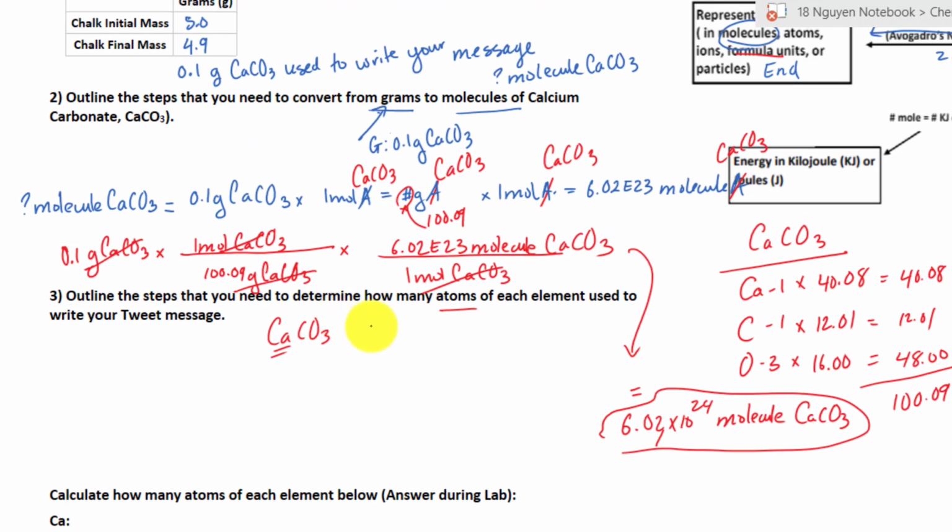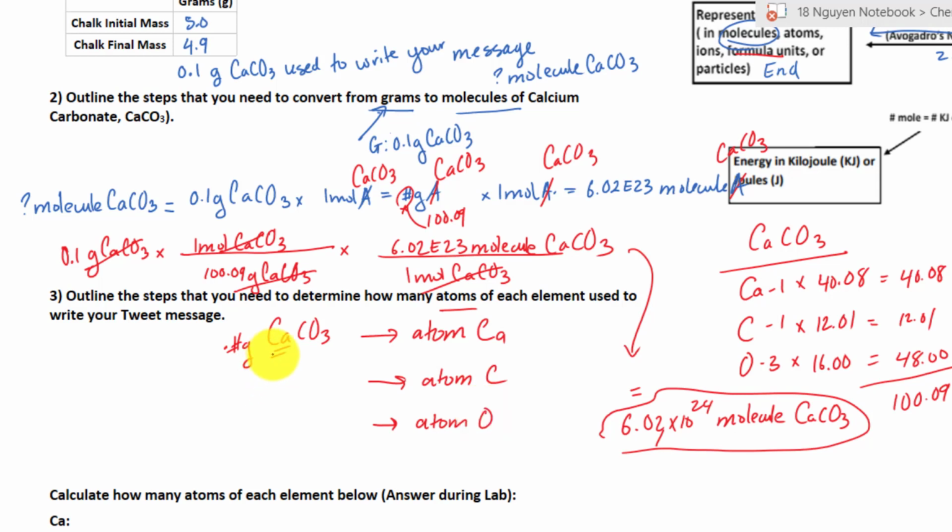Of course, we are starting from grams of, well, exactly the number of grams of calcium carbonate. And we're going to go to molecules. Well, specifically, we're going to go to atoms of calcium, atoms of carbon and atoms of oxygen. We have to do them individually, okay?